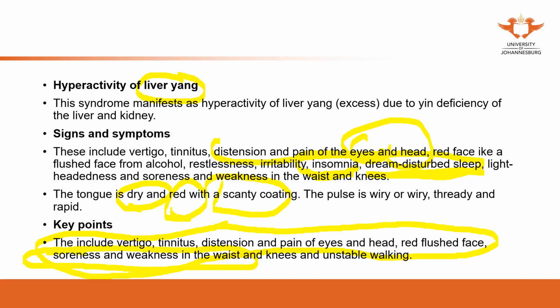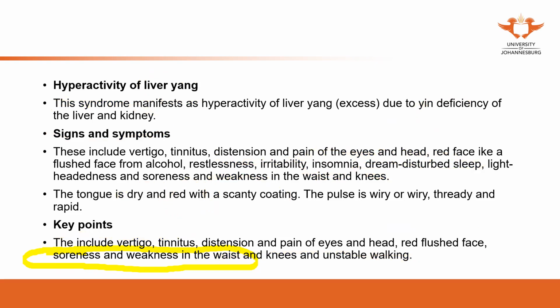That's the manifestation in the kidney, because the yin deficiency can involve both the liver and kidney. We actually cannot separate them very clearly. So these are the manifestations of hyperactive yang.